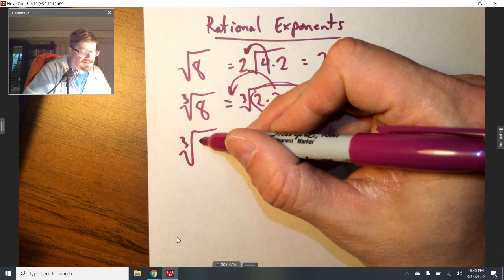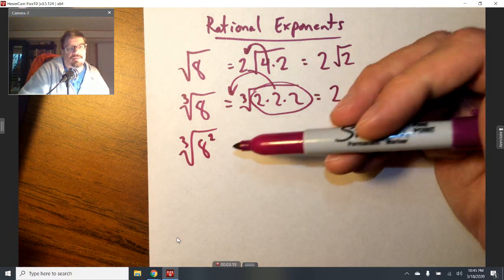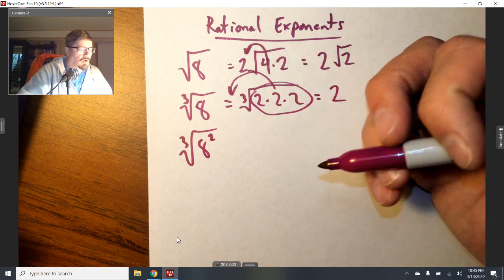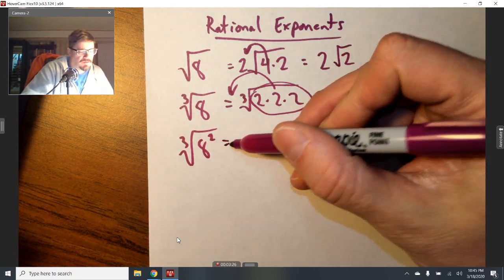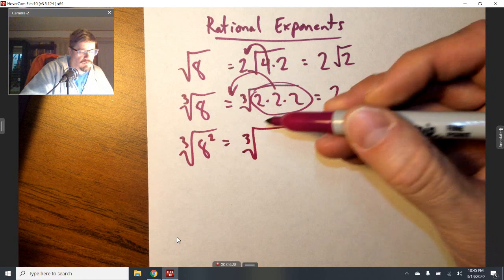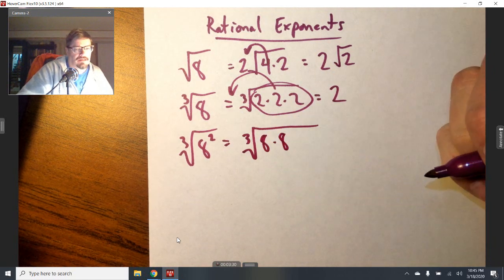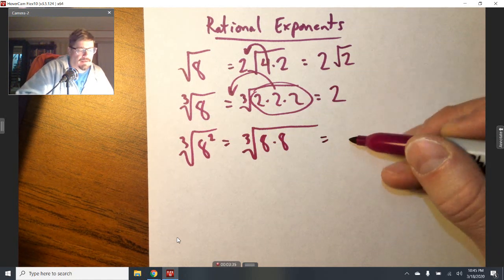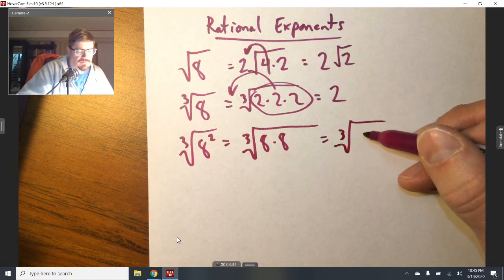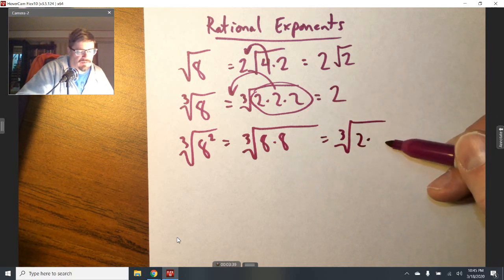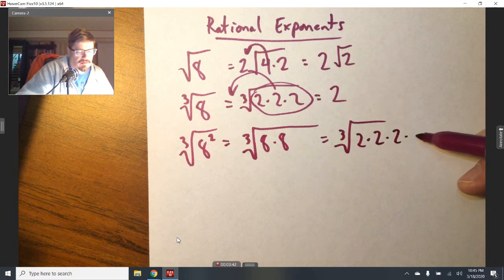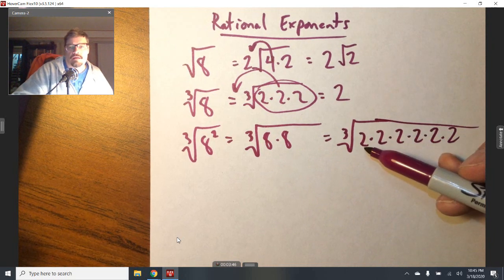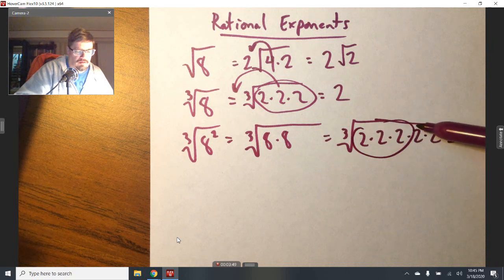But let's get this a little bit more complicated. Let's say that I'm going to square 8, and I want triples. What's happening is that I want the third root of 8 times 8, and it's not so easy. I want triples of 8 times 8, which is 2 times 2 times 2 times 2 times 2 times 2. I've got 2 sets of triples, 1 and 2.